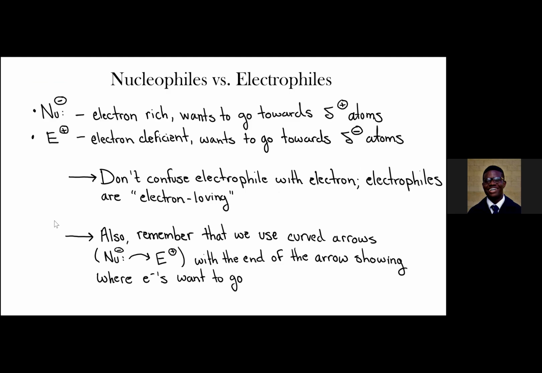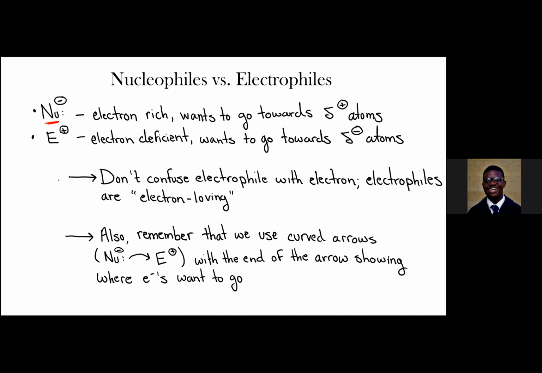Okay. So the first thing that we're going to be thinking about is nucleophiles and electrophiles. If we remember from previous lectures, the nucleophile is going to be electron rich, and it wants to go towards regions of lower electron density, atoms that have a delta plus or just a positive charge. And the electrophile is going to be electron deficient, and it wants to go towards delta minus atoms or atoms that have a high amount of electron density.